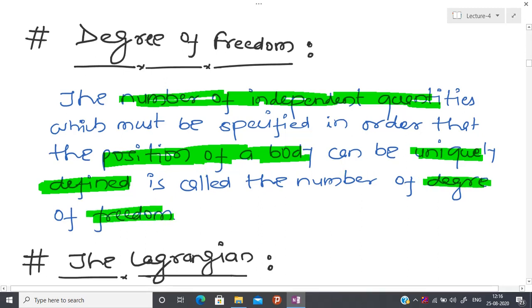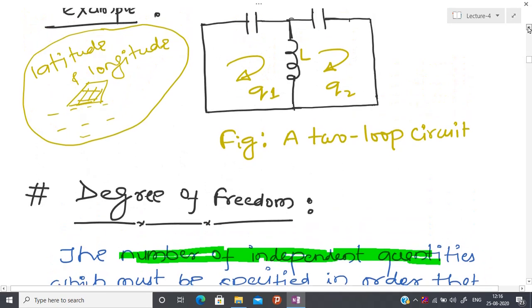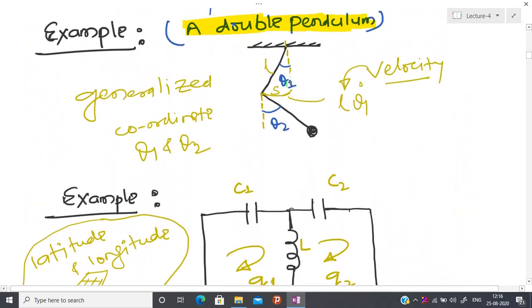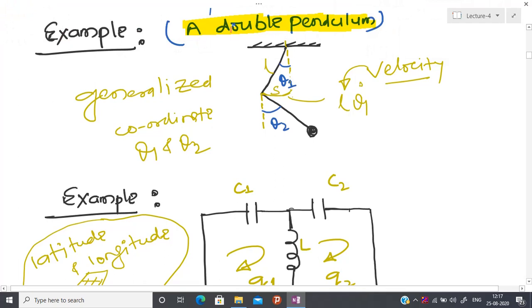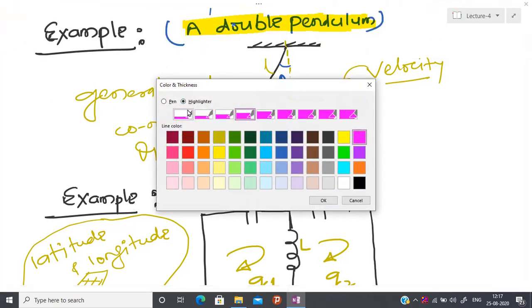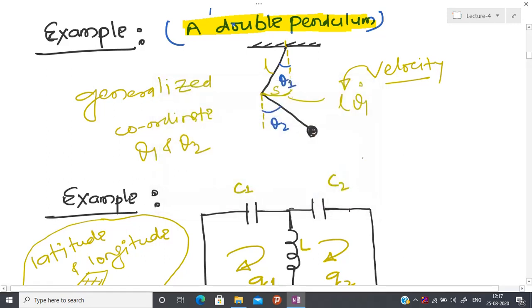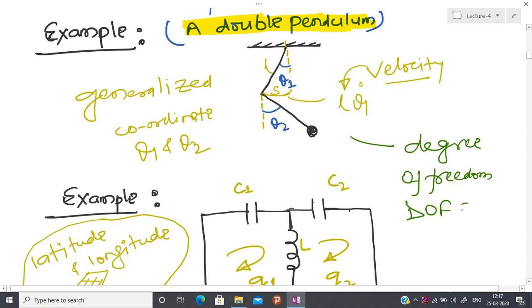Once we understood the definition, from the previous example we can easily see that in order to represent the position of this particular mass, I need two independent quantities, theta 1 and theta 2. For this reason the degree of freedom, also represented by DOF, for this object is 2.